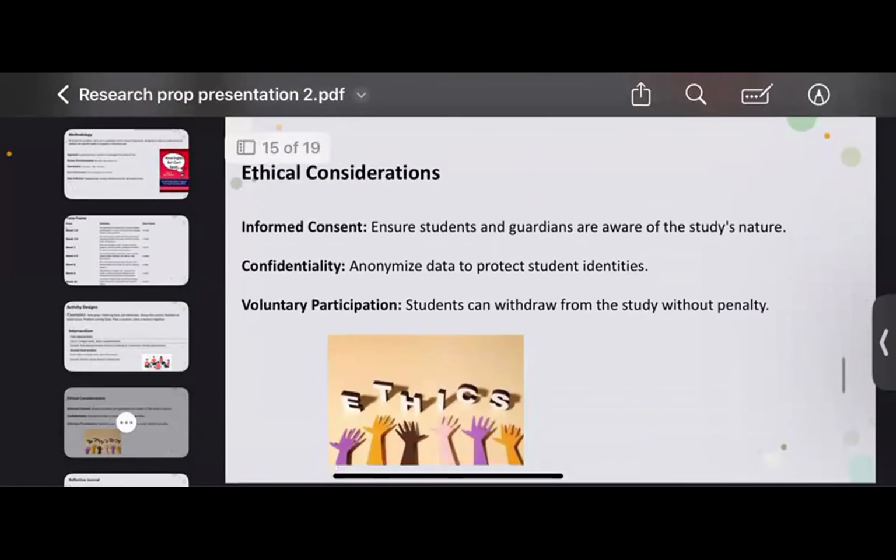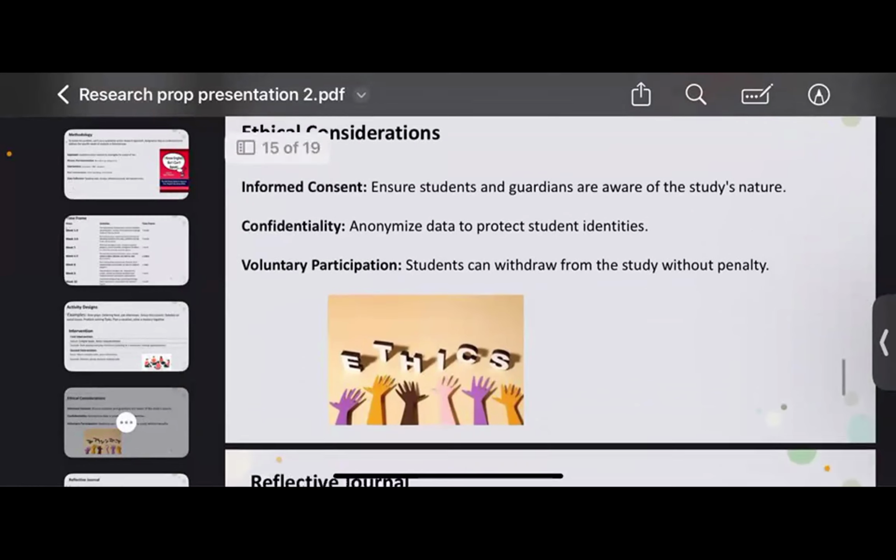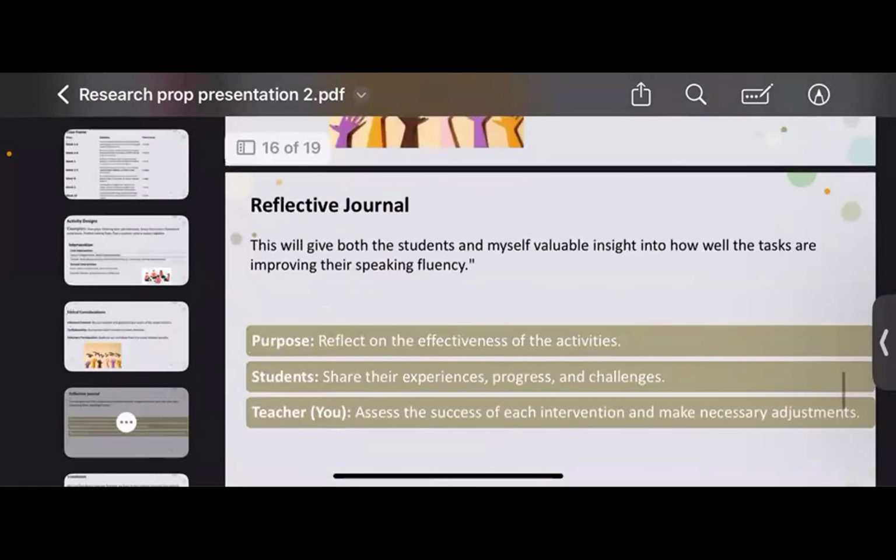I have mentioned three parts here: informed consent, ensuring students and guardians are aware of the study's nature, and voluntary participation, where students can withdraw from the study without penalty. And this is the reflection journal.